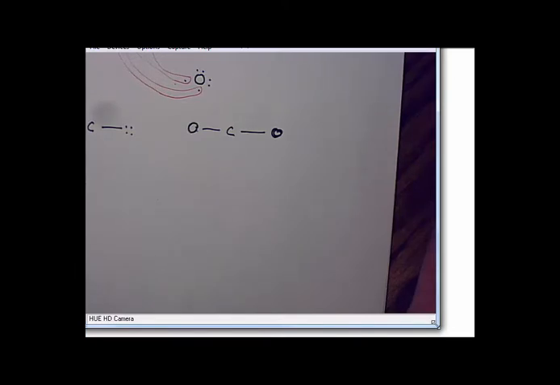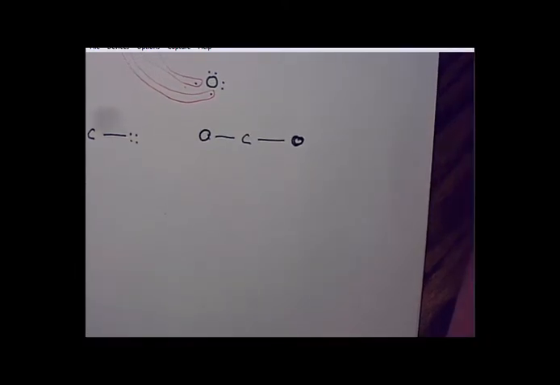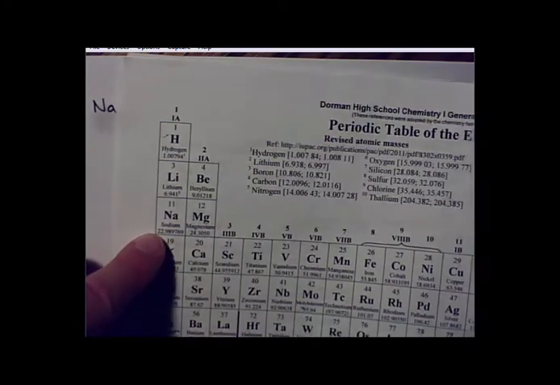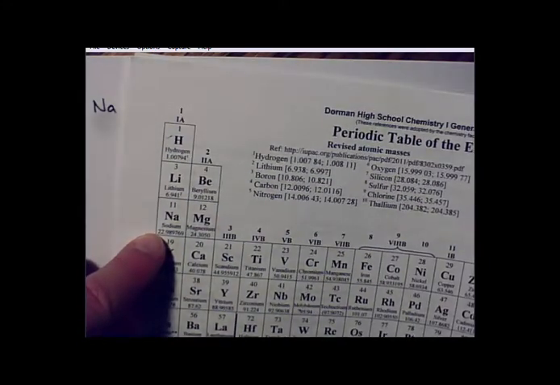All right. So if I have a sodium atom, here's a sodium atom, and I look at its place on the periodic table to tell me something about what its orbital notation is going to be, I'll see that sodium is in the third primary energy level, so the first two energy levels are completely full.